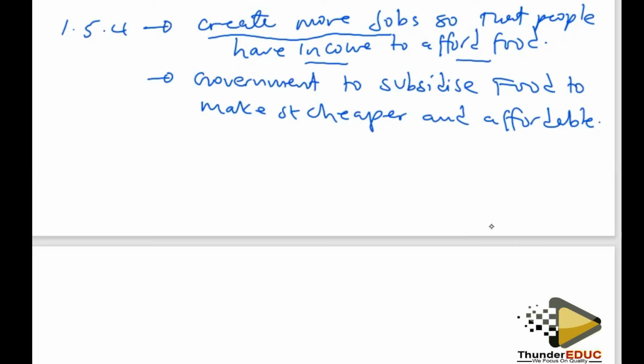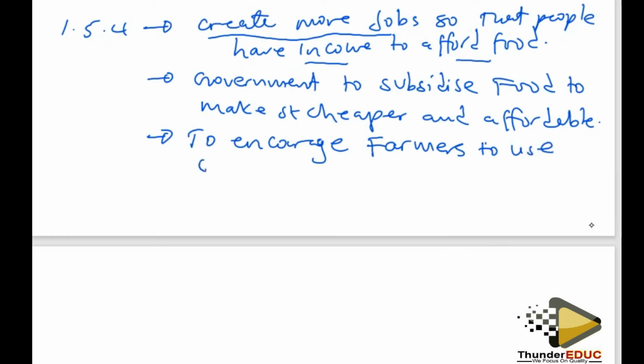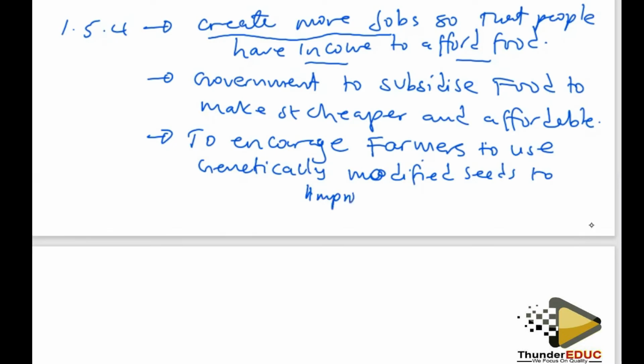Another way to improve food security is to encourage farmers to use genetically modified seeds to improve production, because we know that GM seeds produce large quantities and bigger seeds, which will assist in reducing food insecurity.